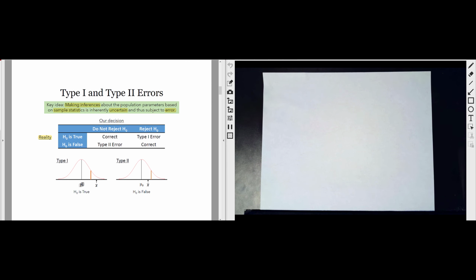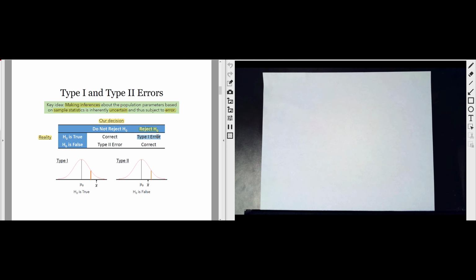Now, when we do a hypothesis test, the decision that we make, again, can be one of two possibilities. We can either not reject the null hypothesis, or we can reject the null hypothesis. Now, the kind of error that we just described is where we reject the null hypothesis even though the null hypothesis is true.